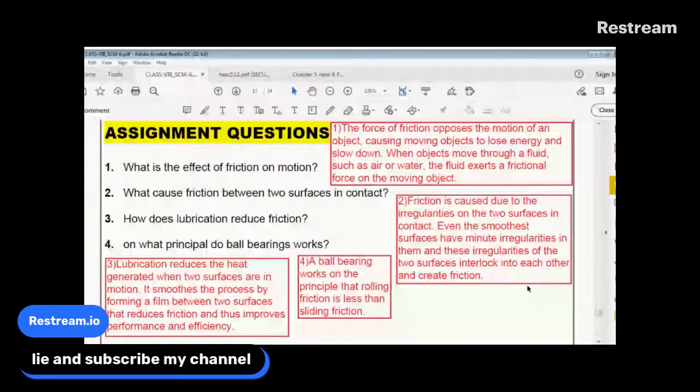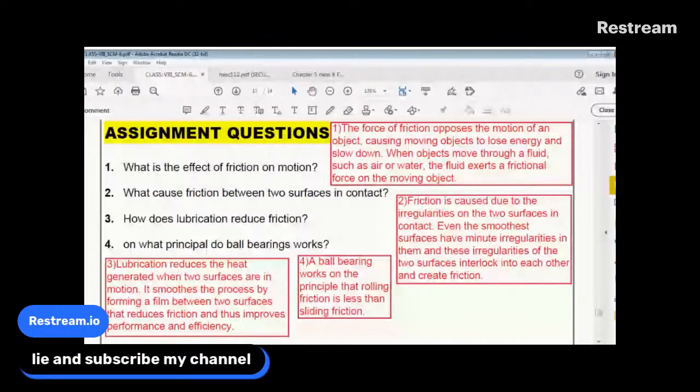Lubrication reduces the heat generated when two surfaces are in motion. It smoothens the process by forming a film between two surfaces that reduces friction and thus improves performance and efficiency. Number four, on what principle do ball bearings work? A ball bearing works on the principle that rolling friction is less than the sliding friction.